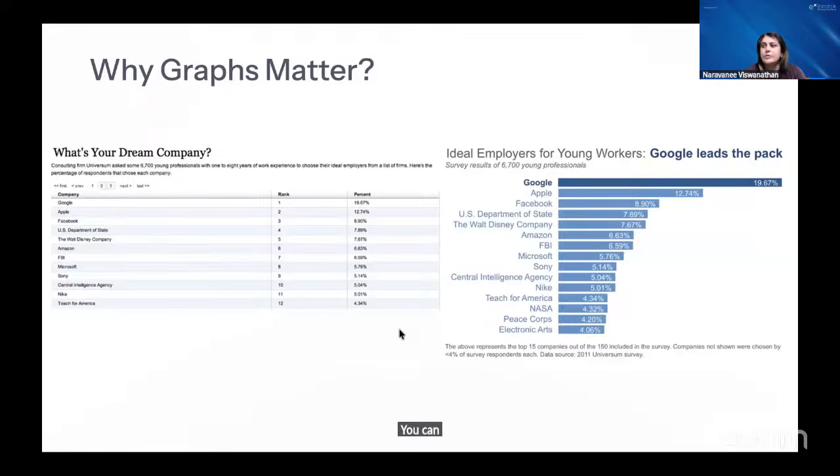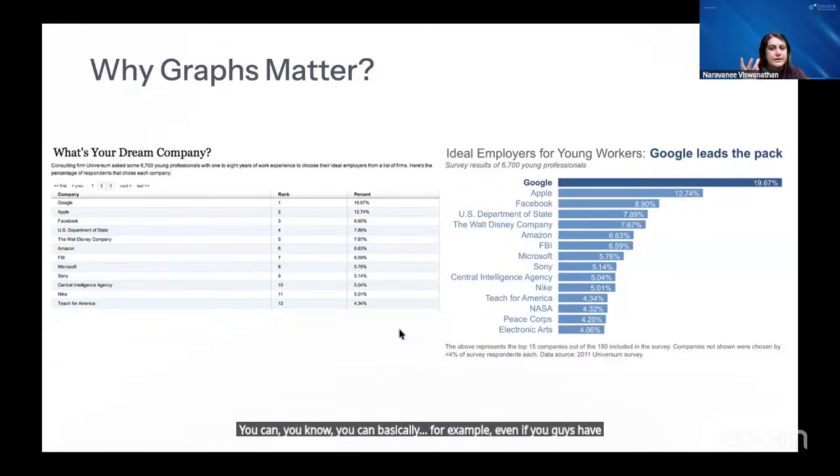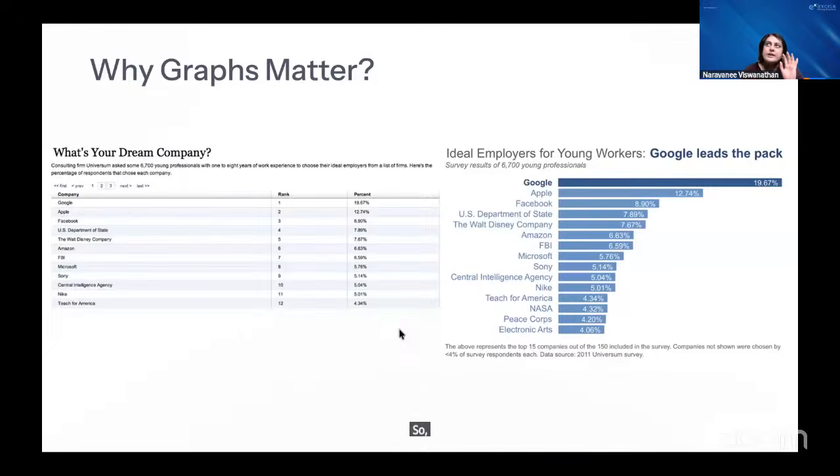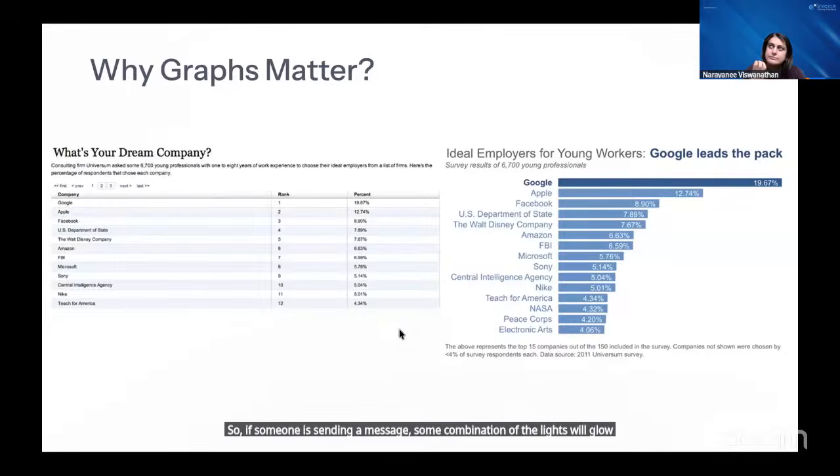For example, even if you have a Nothing phone, what happens in Nothing, guys? You have certain lights. If you look at the Nothing phone, you will find that it has some LED bulbs, right? If someone is sending a message, some combination of the lights will glow.